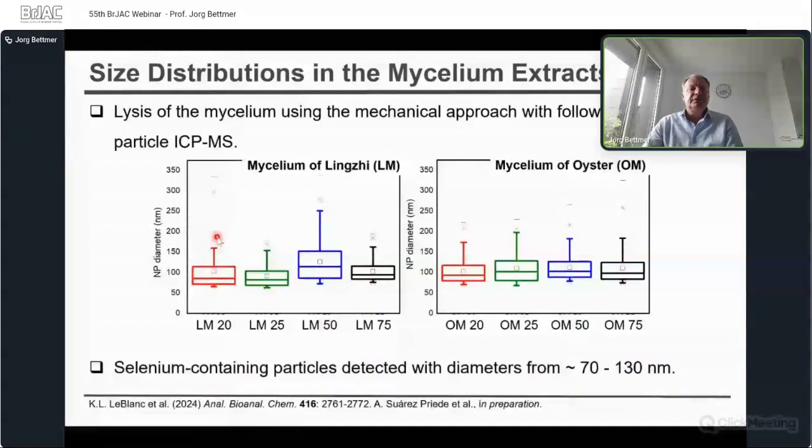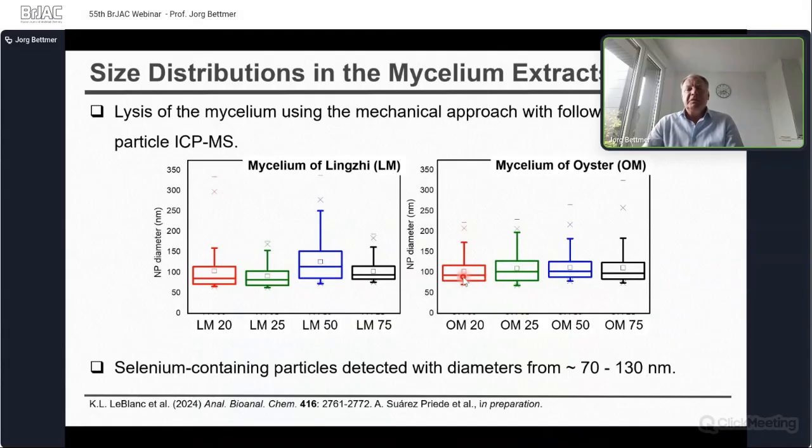Basically, the size distribution of the particles we detected is very, very similar. And here, even better, shown for the mycelium of the oyster, it has very, very little variation, and usually, independent from the species, independent from the mushroom, it is roughly in the range between 70 and 130 nanometers.